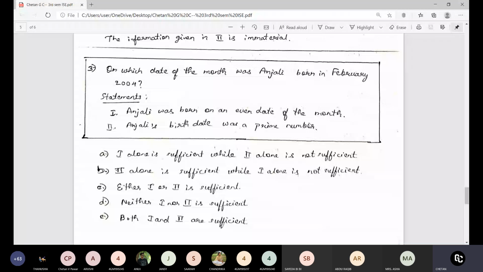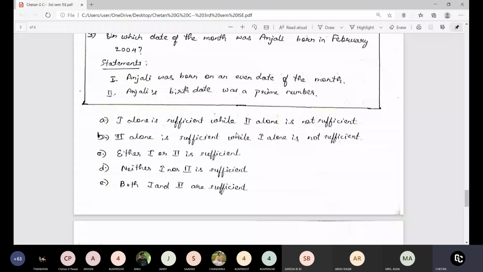So the even prime number will obviously be 2, because that's the only even prime number. Therefore, we can conclude from statements 1 and 2 that she was born on 2nd February 2004. So the first and second statements are sufficient to answer this question. Therefore, option E, that is both the first and second statements.